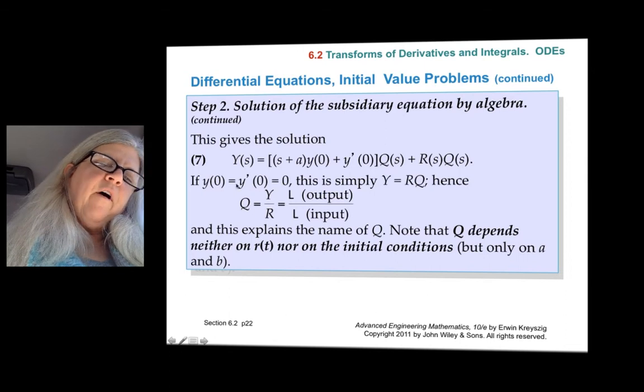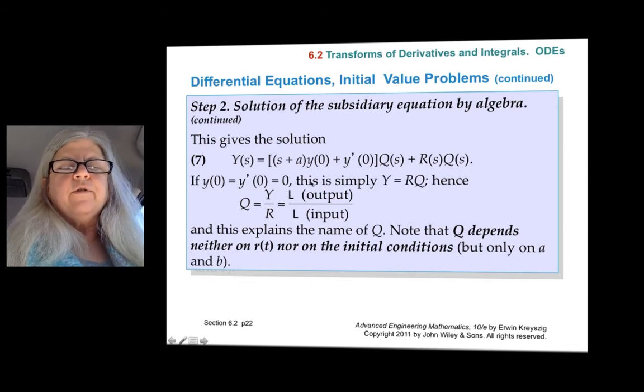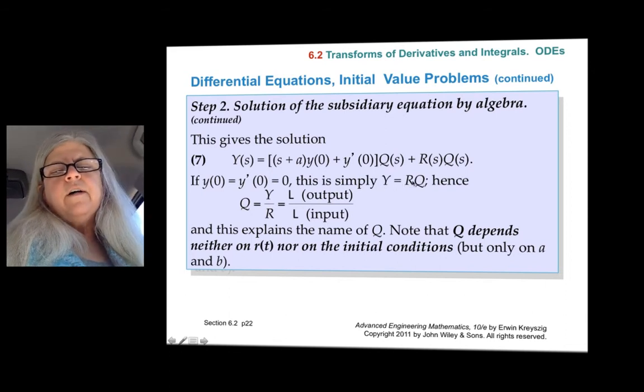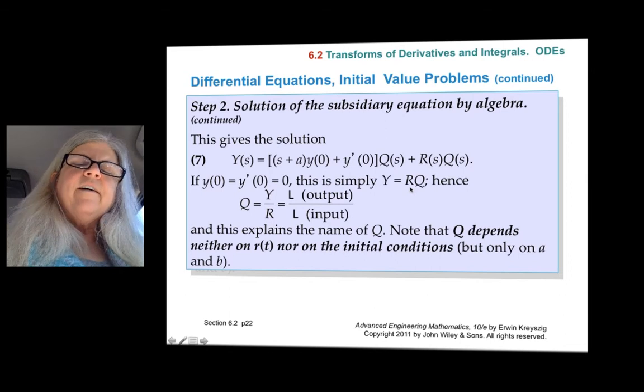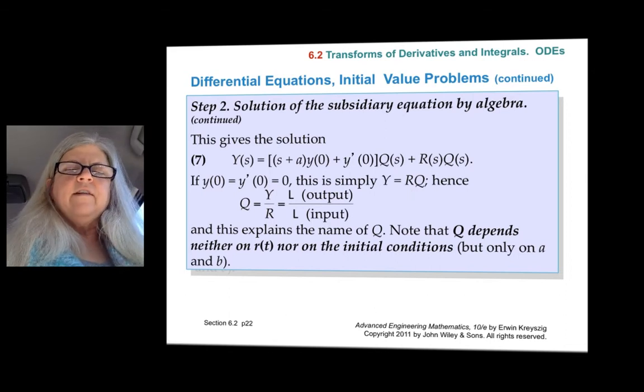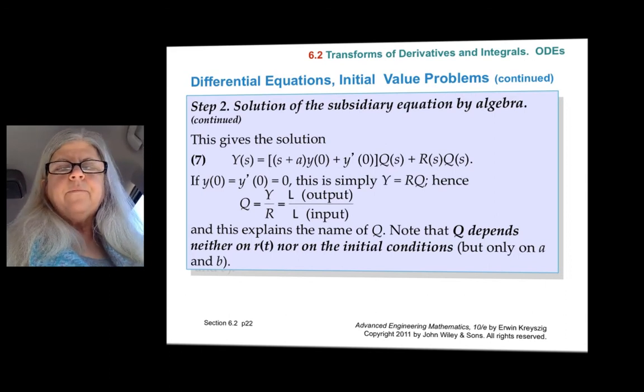So first of all, if all of our initial conditions are equal to 0, then the output is equal to this function R times this function Q, where Q is output over input. And so Q is representing a transfer function with no initial conditions. Now, the reason to talk about this is, let's suppose we have some kind of circuit, maybe a filter circuit.